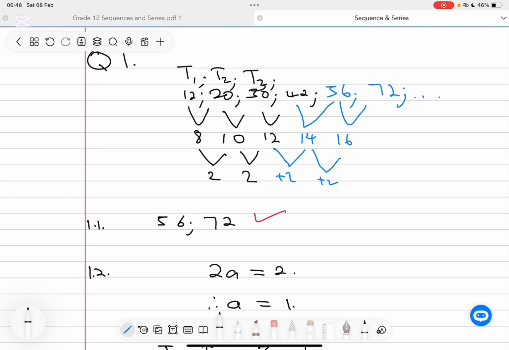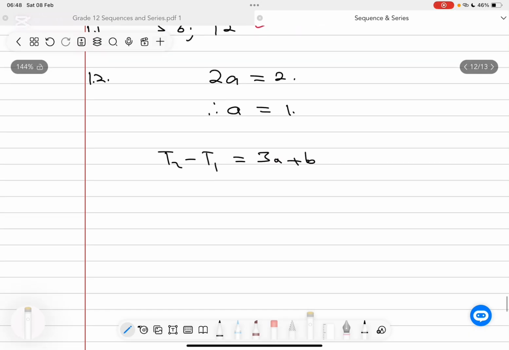We are saying T2 minus T1, which is 20 minus 12, and we get an 8. And this first of the first difference will always be defined in general by 3a plus b.